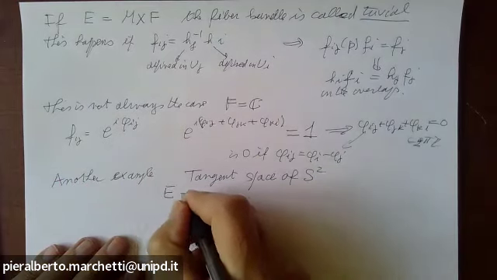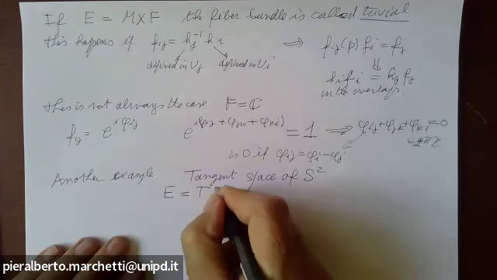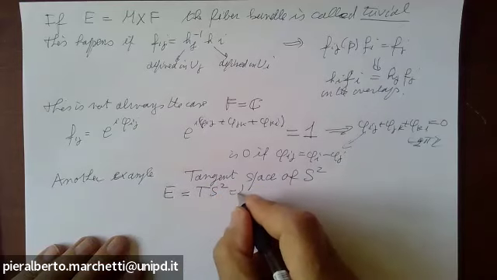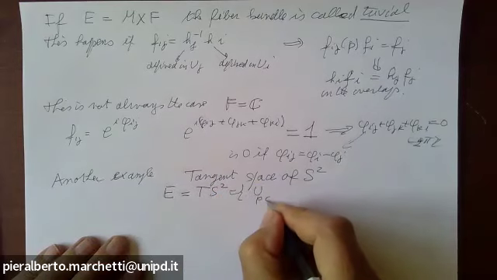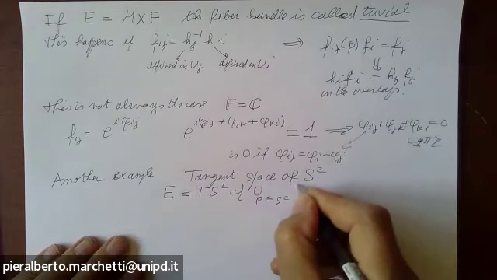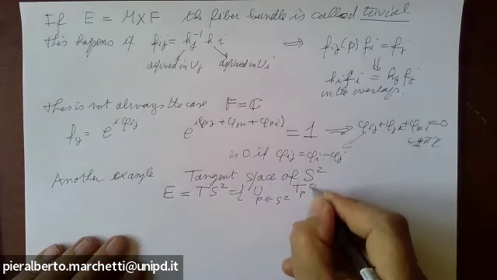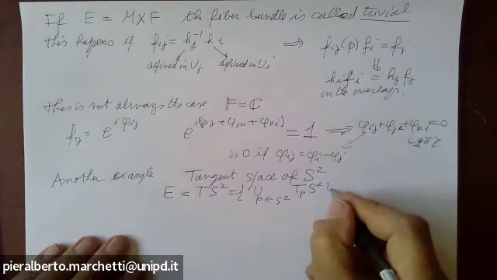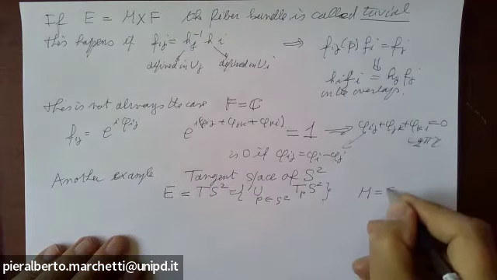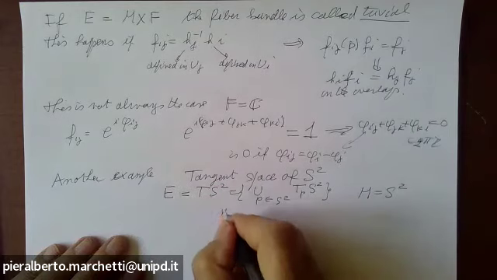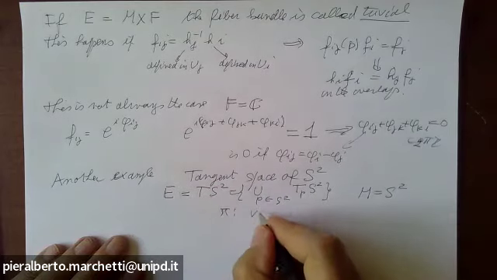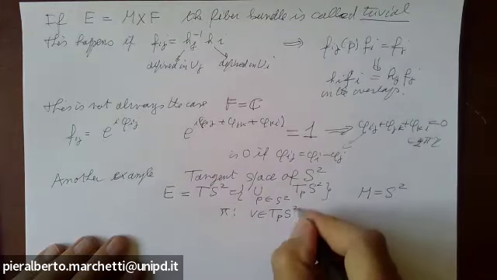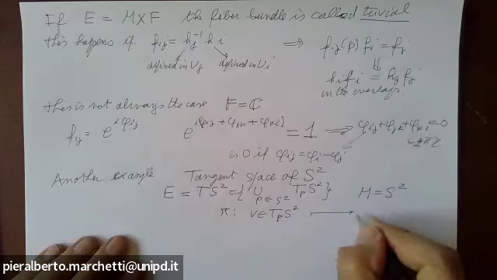The total space, which is written as TS², is just the union for all points P in the sphere of what we already defined, the tangent space at point P of the sphere S². The base manifold is just S², and the projection is made like this. You take a point v which belongs to the tangent space of the two-sphere at point P, and just project into P.